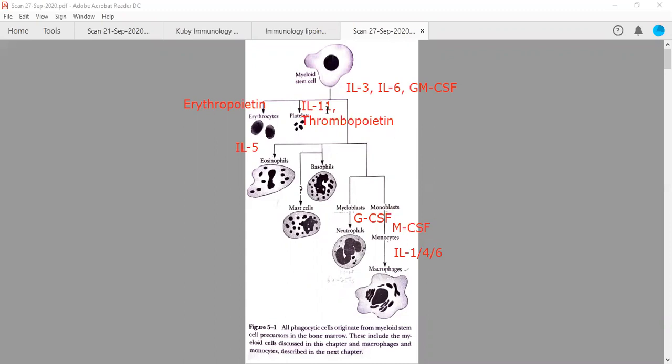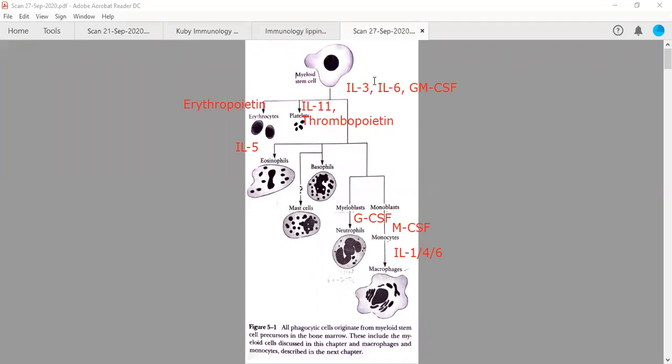This is called SCF, stem cell factor, right? The stem cell factor will help in the differentiation of this hematopoietic stem cell into myeloid stem cell.